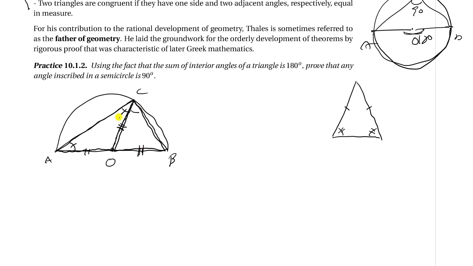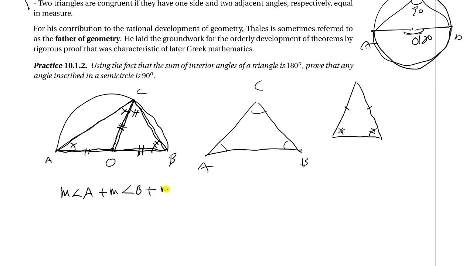These two triangles are independent, so these two angles might be different from angle A. But when you look at this entire triangle ABC, the sum of the angles, measure of angle A plus measure of angle B plus measure of angle C, must be 180 degrees. That's one of the statements in Euclidean geometry.